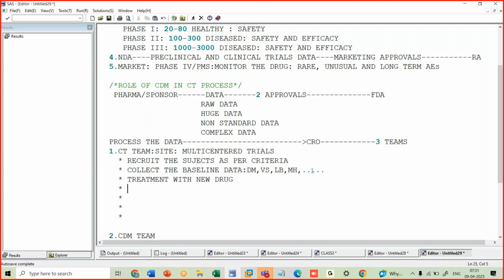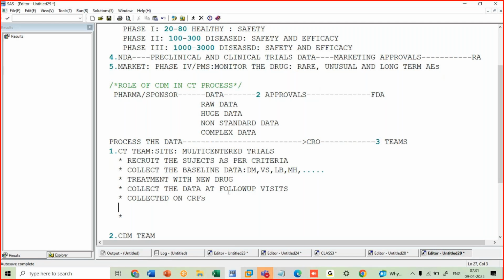Again, we'll be collecting data at the different follow-up visits. All this data, whatever is collected before the treatment and after the treatment, will be collected on forms called CRF, case report forms.